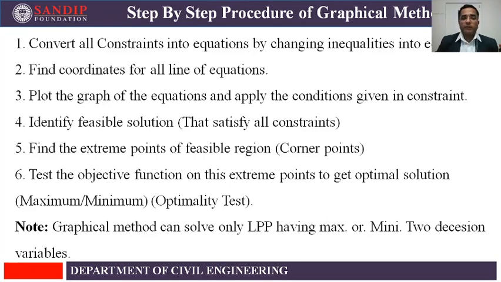If x1, x2, x3, 3 variables are there in the given equations, then we cannot solve that linear programming problem by the graphical method. So we can also call this the limitation of the graphical method, that it solves only up to 2 variables of the LPP.